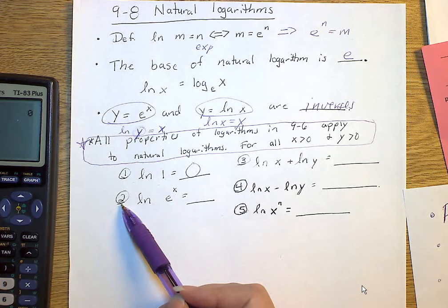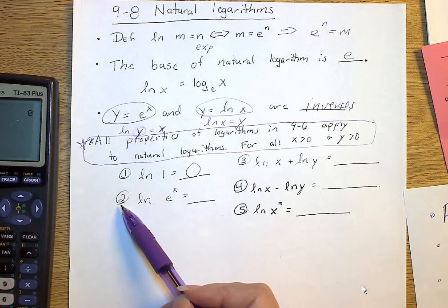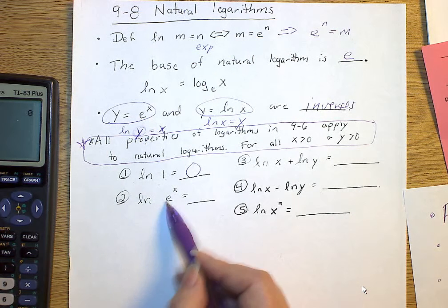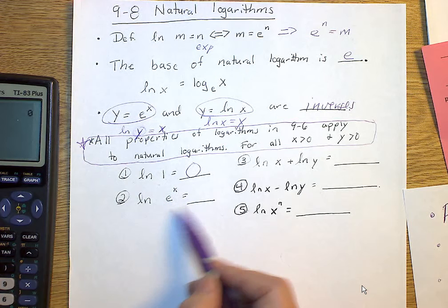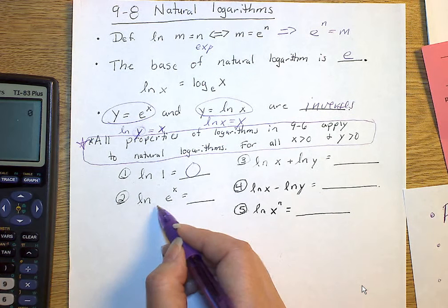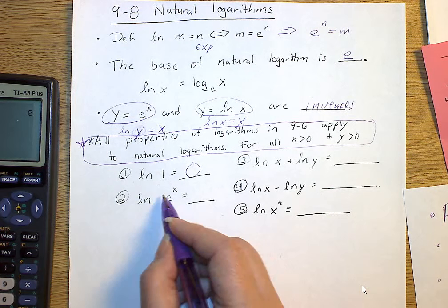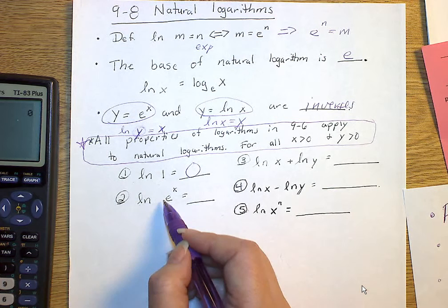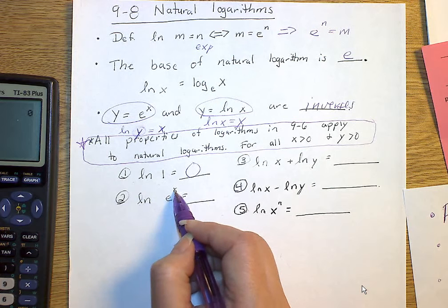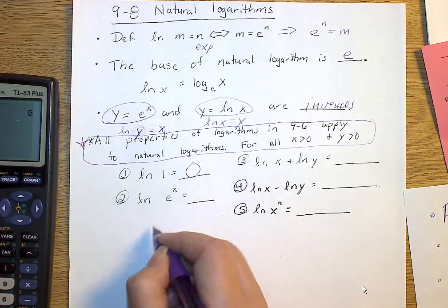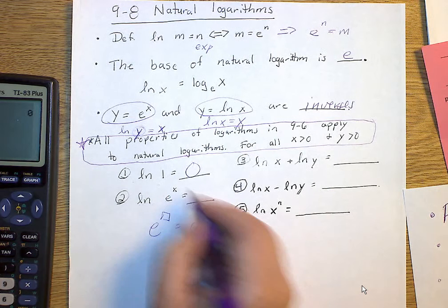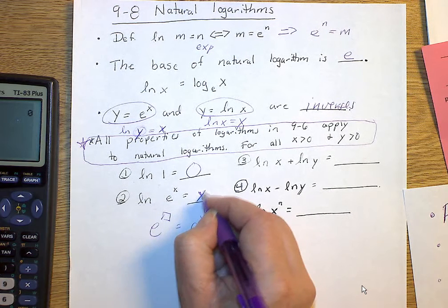The second property says ln of e to the x. What is the answer here? If you don't see it, it's saying e to the what equals e to the x. That is going to be x.